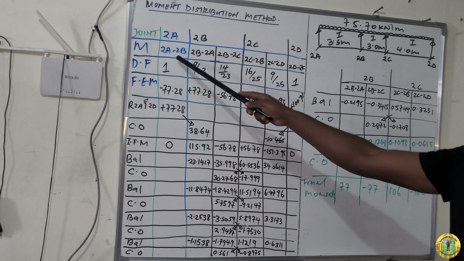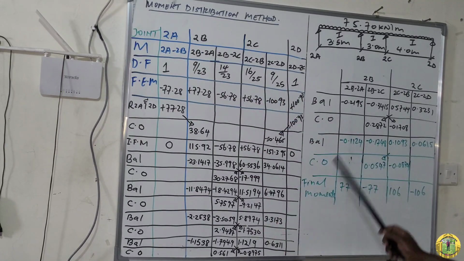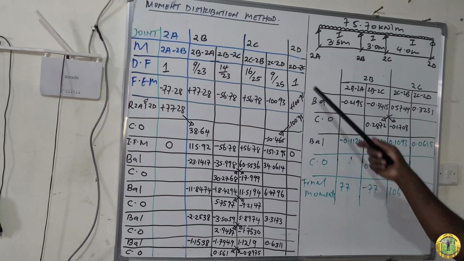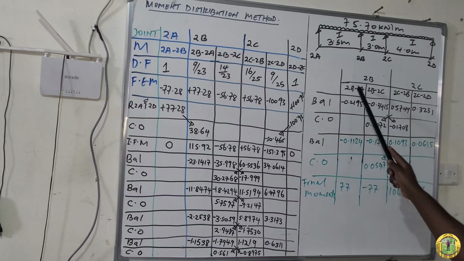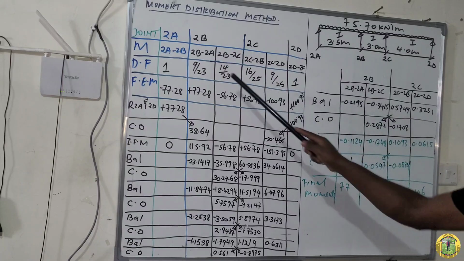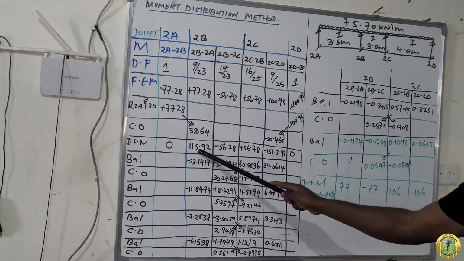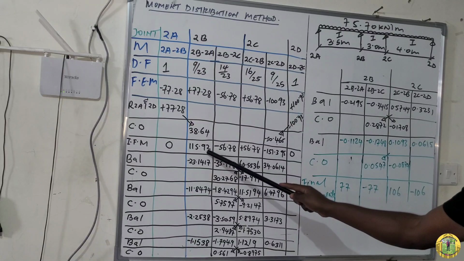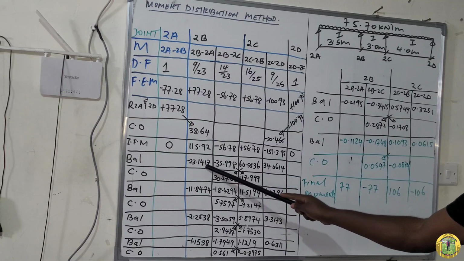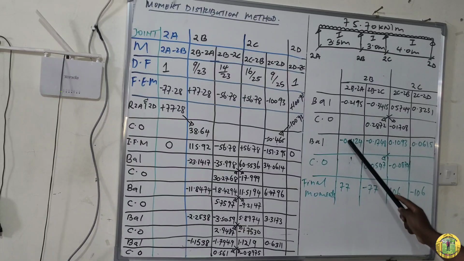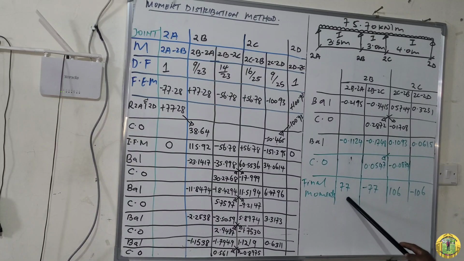For this, 2B2A is 0, so no need to include it in this column, as I have said. Again, for this one, it will be 0. So we will be calculating 2B2A. So you add from here, from initial final moment, which is 115.92 plus negative 23.1417 up to this point, and then you add this one, you'll get 77.